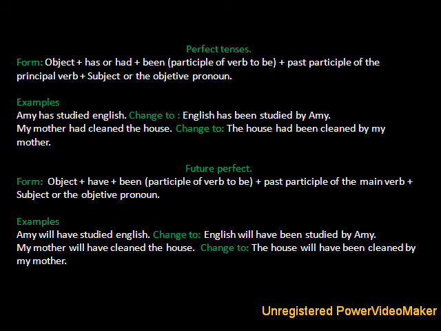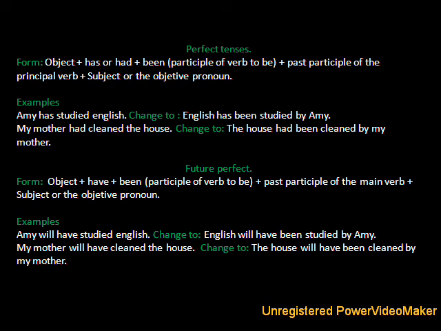Perfect tenses. The perfect tenses aren't so different from the other tenses. The only difference is that here we have to use has or had, and the form will be object plus has or had plus been, which is the participle of the verb to be, plus past participle of the main verb, and the subject or the objective pronoun.